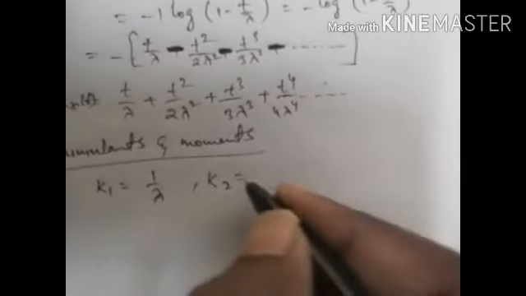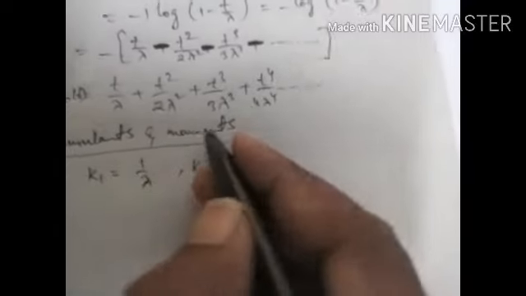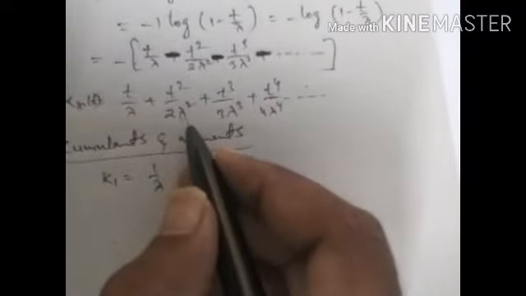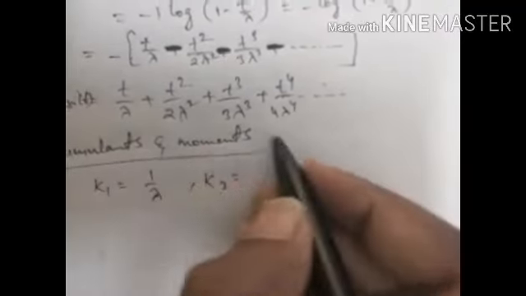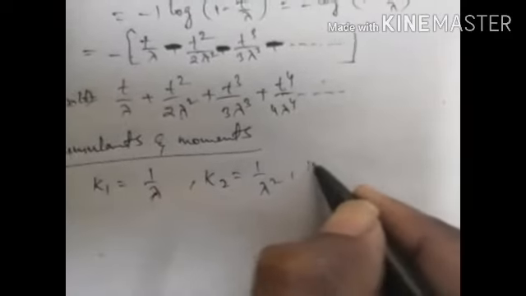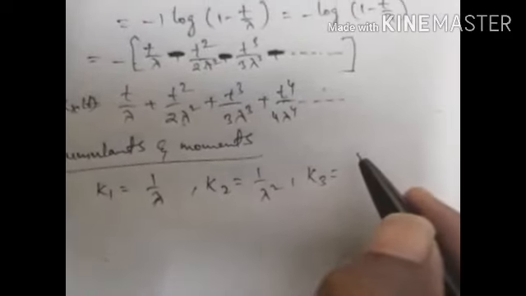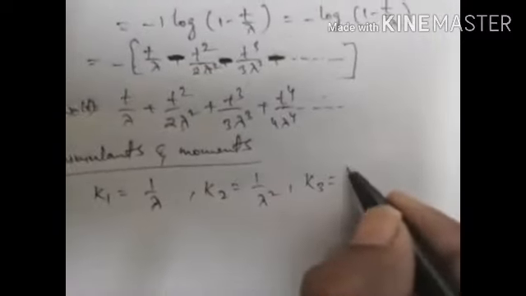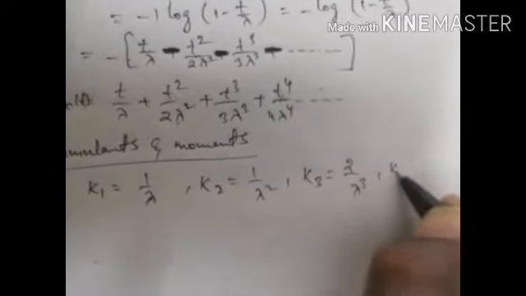Next k2: the coefficient of t square by 2 factorial in K x of t, that is 1 by lambda square. k3: the coefficient of t cube by 3 factorial, that is 2 by lambda cube. k4 is the coefficient of t power 4 by 4 factorial in K x of t, that is 6 by lambda power 4. Okay, so this is CGF.